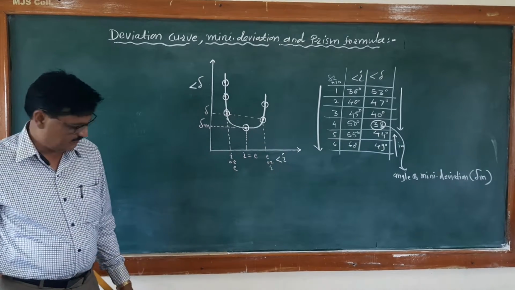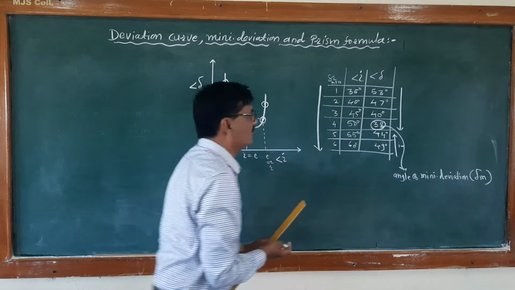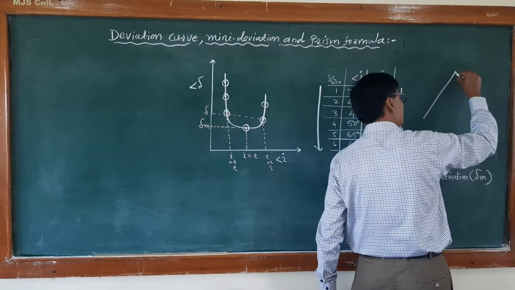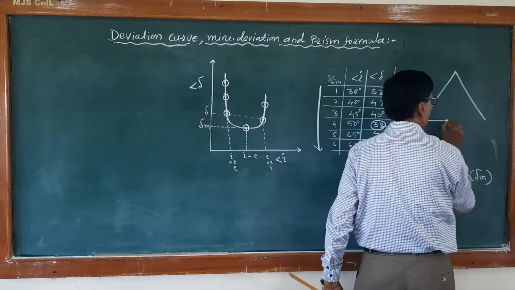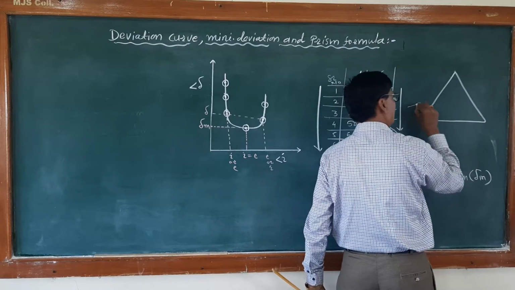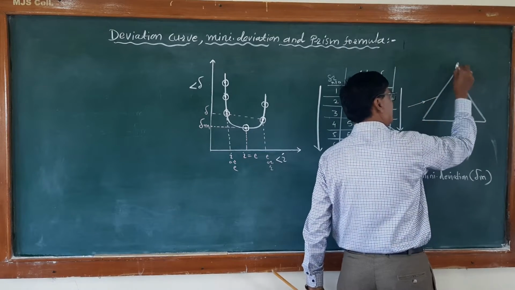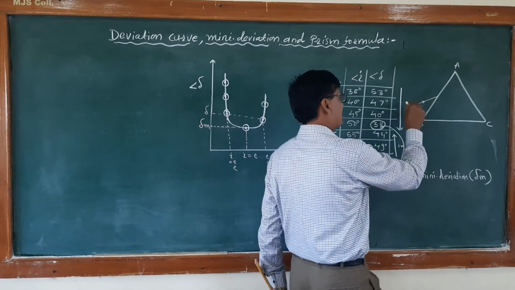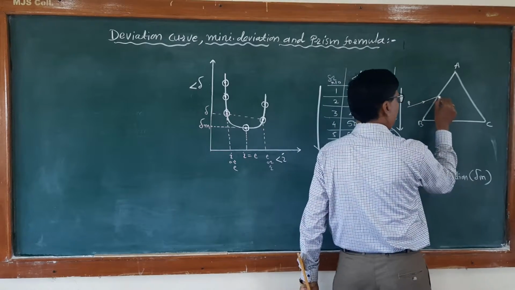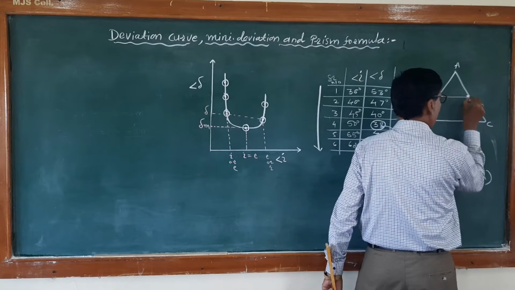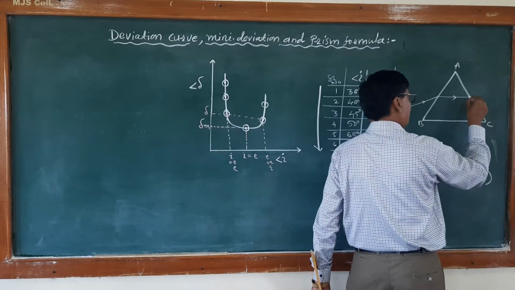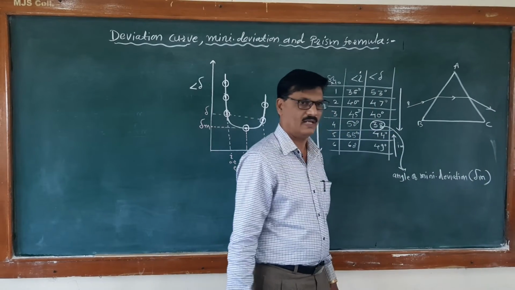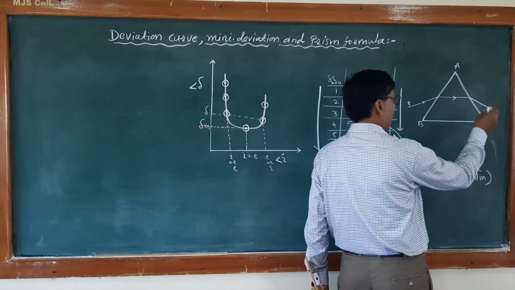This means that if the ray of light undergoes minimum deviation, suppose this is my prism, and a monochromatic ray of light is incident on this surface. Suppose this is the principal section ABC, and the monochromatic light PQ is incident on the surface. At the surface AB, this ray gets refracted and travels along QR, and again at the surface AC, this ray gets refracted and travels along RS.